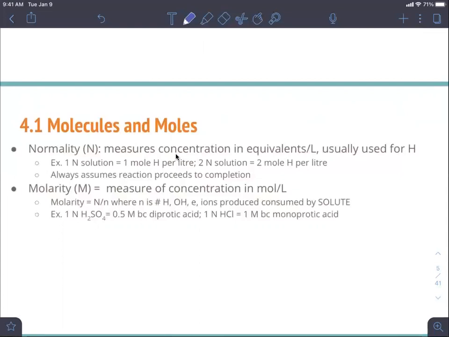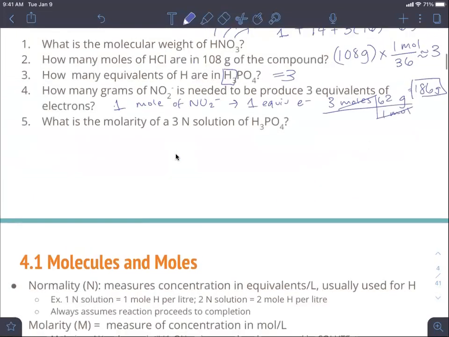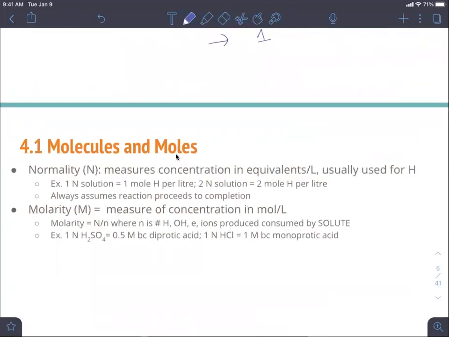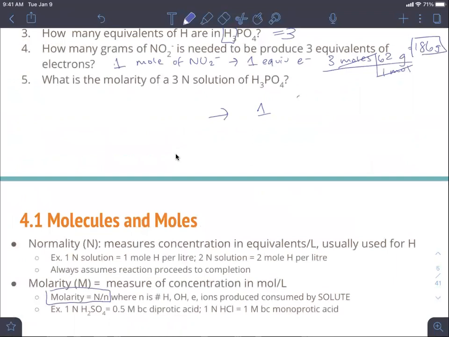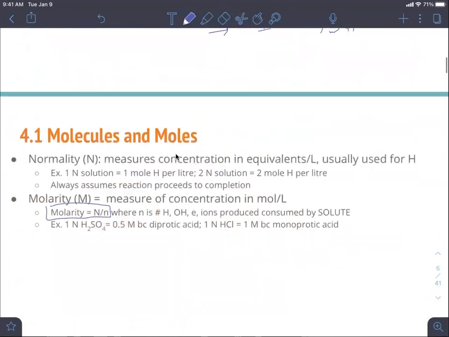That's basically all it is. And going back here, the molarity of a 3N solution of H3PO4 would just be 1, because the conversion from molarity to normality is just here. So it's 3N over 3 hydrogens, so that's just 1.